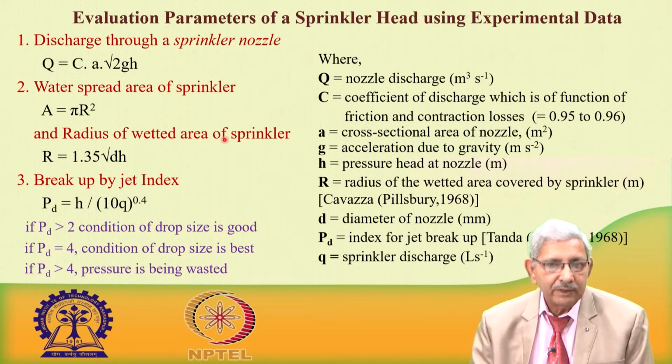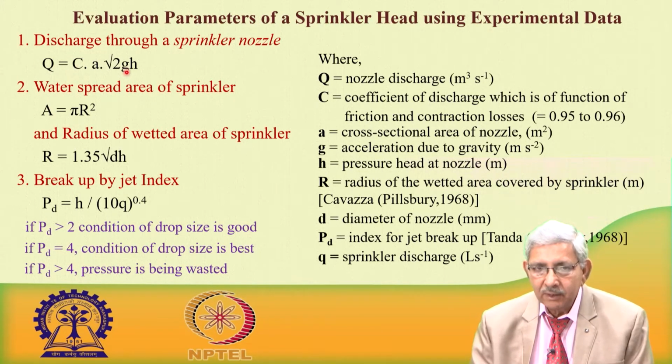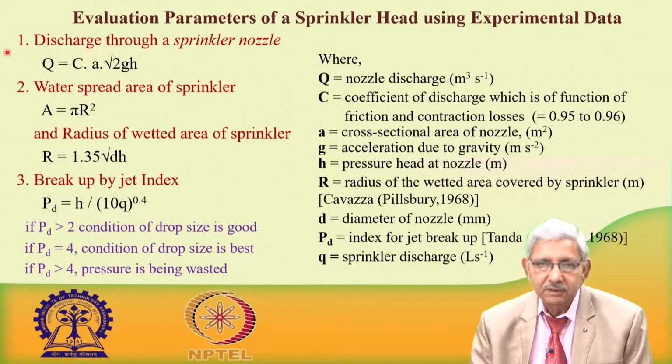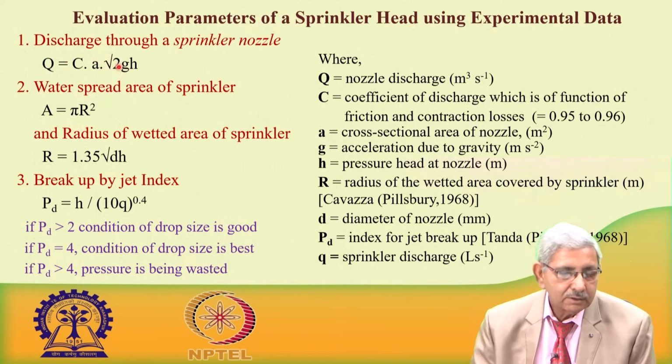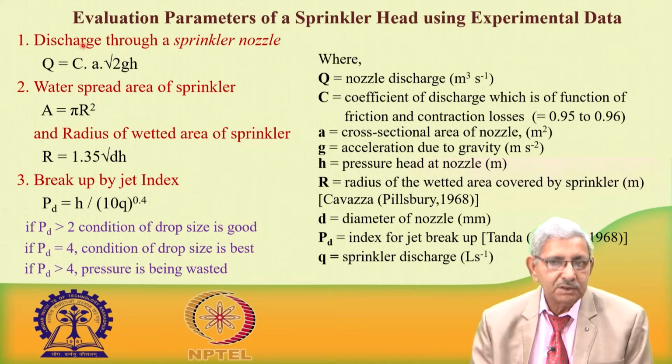Now, the various parameters used to evaluate a sprinkler system: for a given operating pressure, what is the discharge coming out of the sprinkler? This is given by Q equal to C into A into root 2gH. C is the coefficient of discharge, which is a function of friction as well as contraction losses.